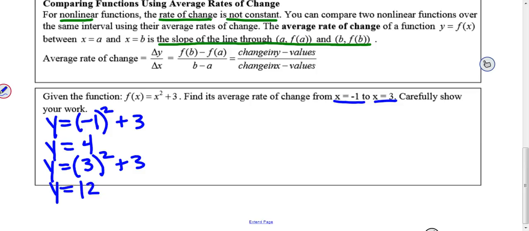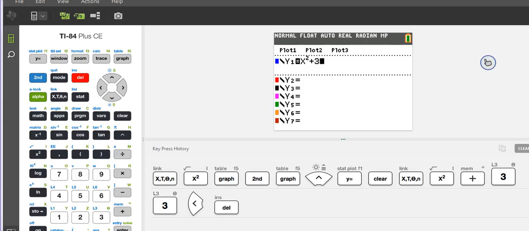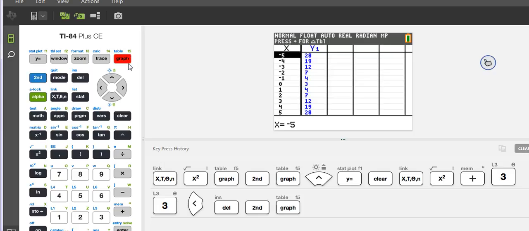Now I'm also going to show you how you can do this from your graphing calculator. We are just going to come up with a table from our graphing calculator. Let's jump there real quick. I have the equation in my graphing calculator, and I'm going to go second table, and then I see the table of this function.